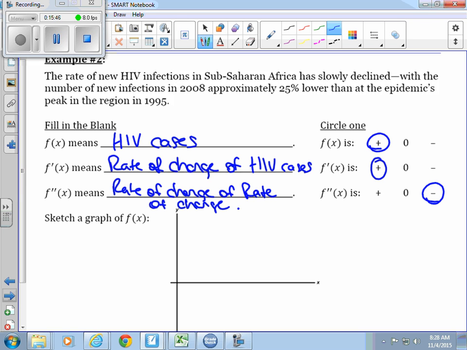In which case, the new infections is lower in 2008. Does everyone see that? So if you had labeled your f of x as new HIV cases, then f prime would actually be negative because there are less new cases. So it'd be positive, negative, negative.